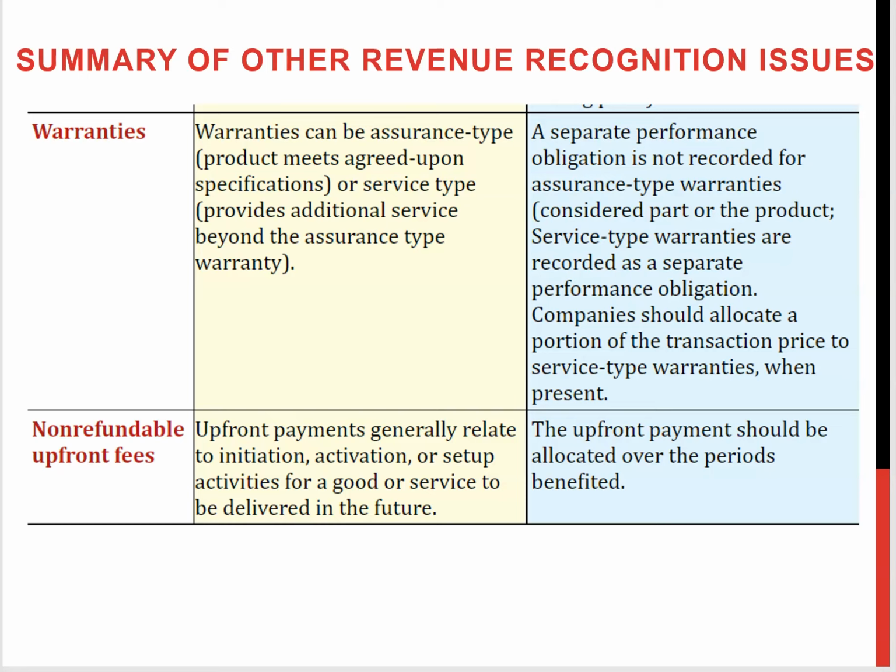And the last example you have seen is the non-refundable upfront fees. So this is all about revenue recognition, and I have assigned some exercise problems that you need to practice, and you also need to know and practice really well the problems you saw here on the PowerPoint slides.